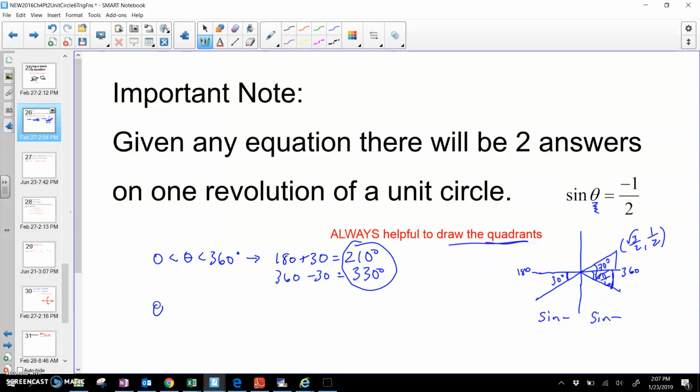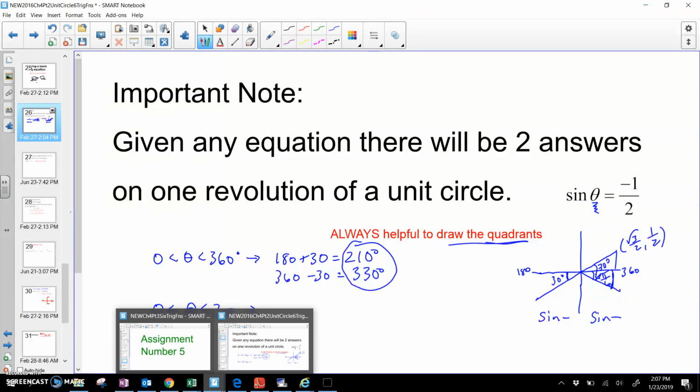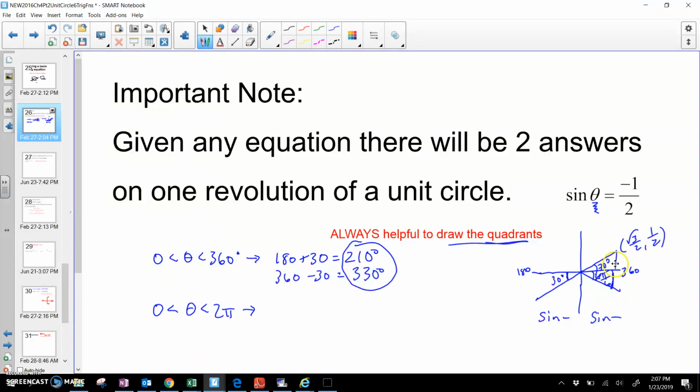Please note though, if I did say to put it between 0 and 2 pi, that would mean I'd want the answer in radians. And so as we talked about over here, this is 30 degrees or pi/6, which means in radians, these are pi/6 away. So this would be pi, so I would do pi plus pi/6, so 7 pi/6 is one answer.